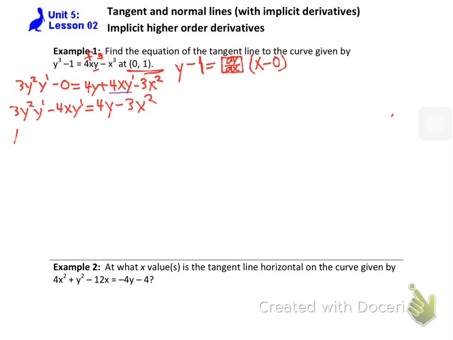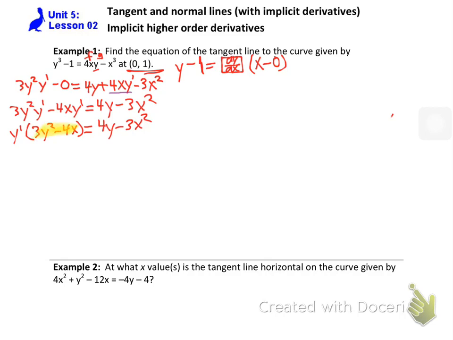All that's times 3y squared minus 4x, and the right side we haven't changed yet, so it's just 4y minus 3x squared. Now that we've separated our y prime, we're just going to simply divide by this quantity right here.